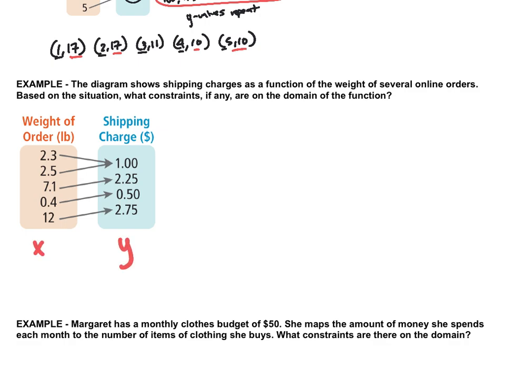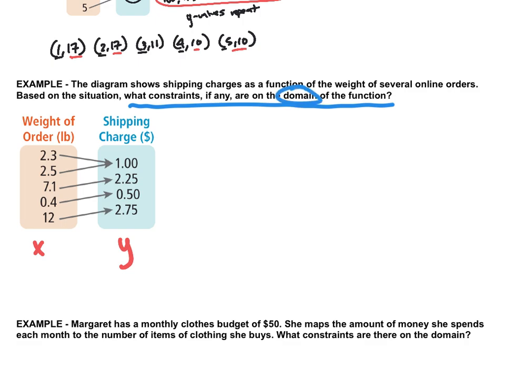And what we want to talk about here is that the shipping charge, the amount that you're charged in shipping, depends on how heavy the box is that you're shipping, okay? So this is weight in pounds, and then this is how much you get charged, right? So what I want to look at, based on the situation, what constraints? Meaning, what kind of numbers are we going to have in our domain for this function?